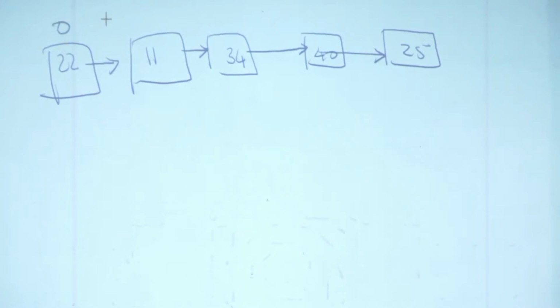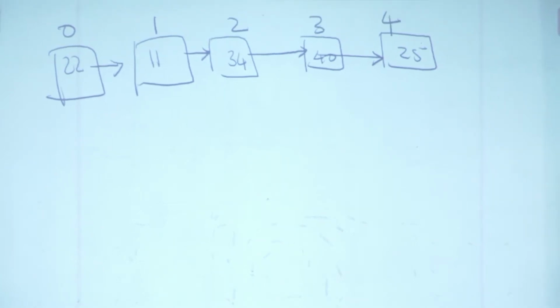So this is 0, position 1, 2, 3, 4. Okay, so let's insert something like 38 at position 3. At position 3, let us insert 38.